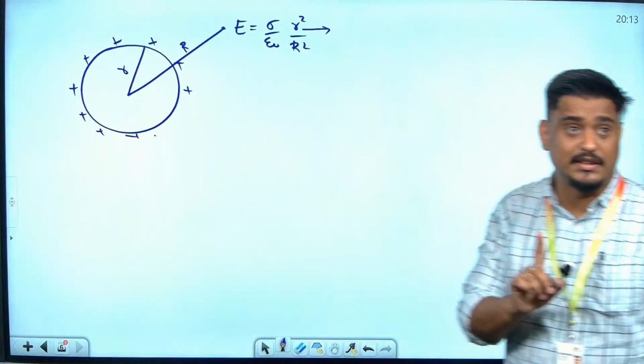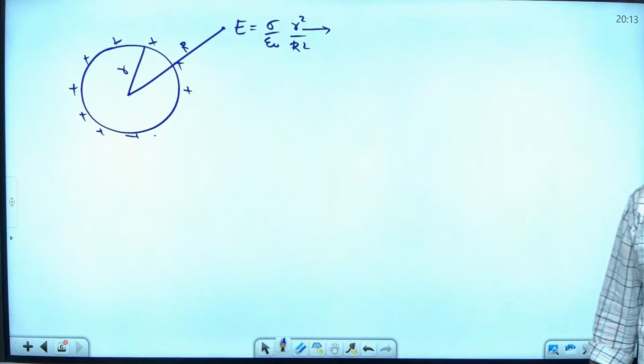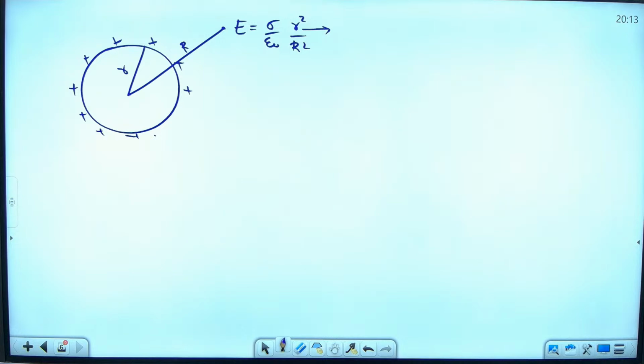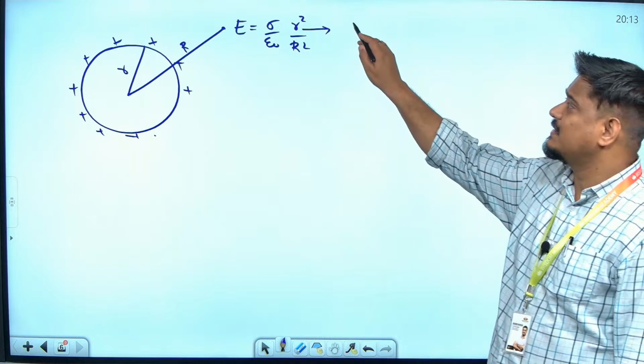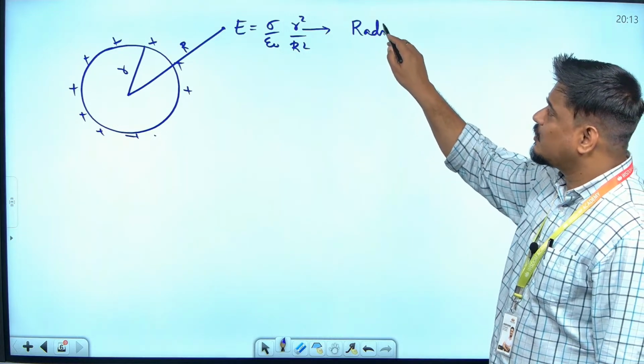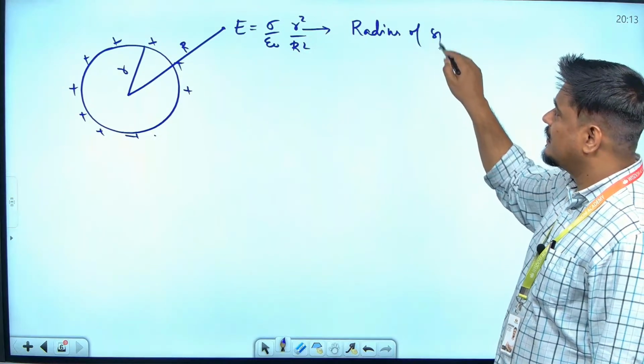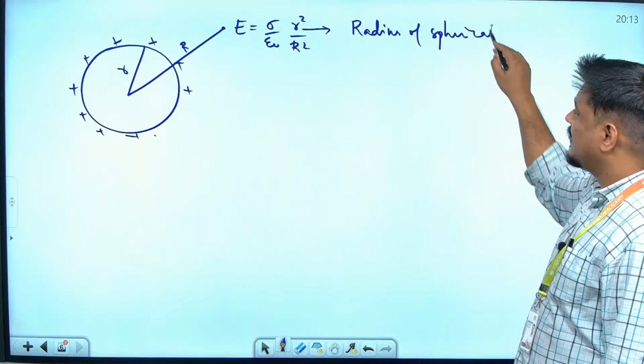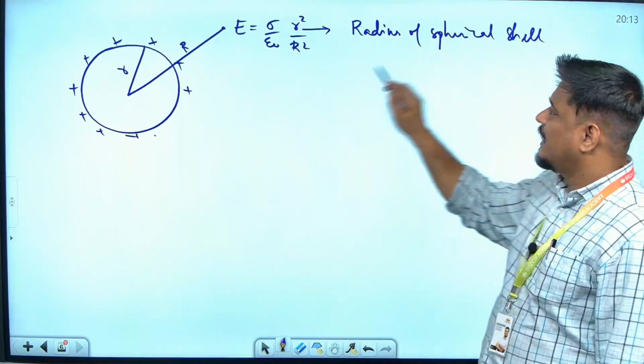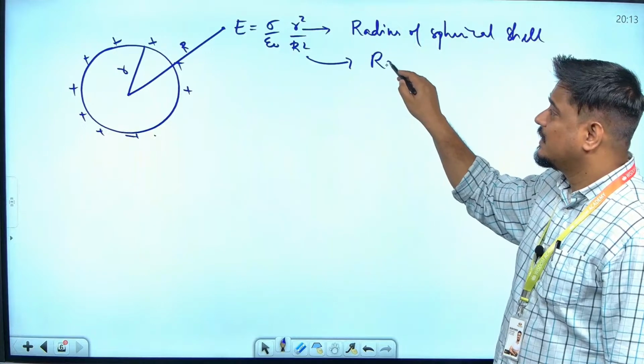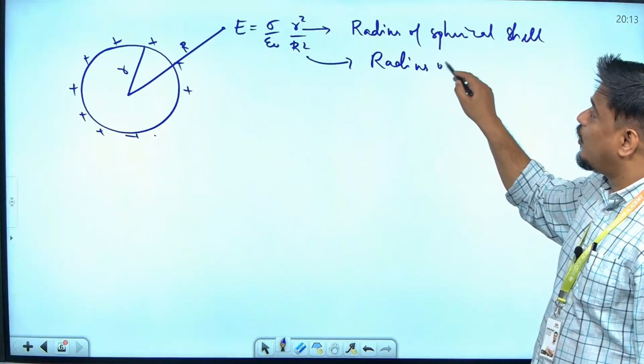Don't confuse in this. Radius of the sphere, sir. Yes, you can rejoin, Pratap, no problem. Yes, small r is the radius of the spherical shell, and capital R is the radius of the Gaussian surface.